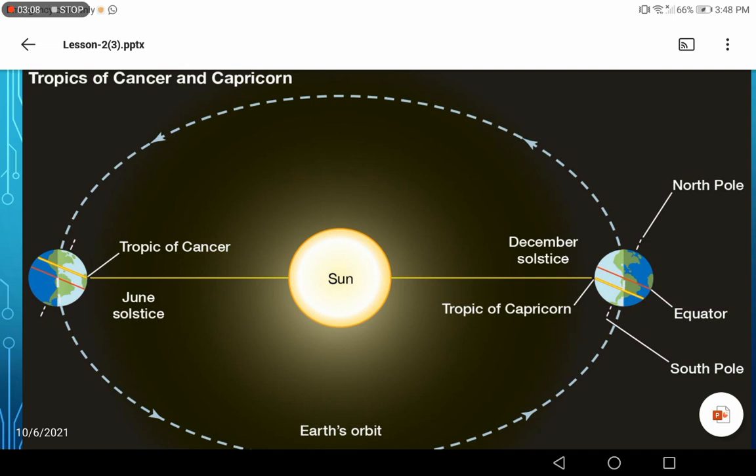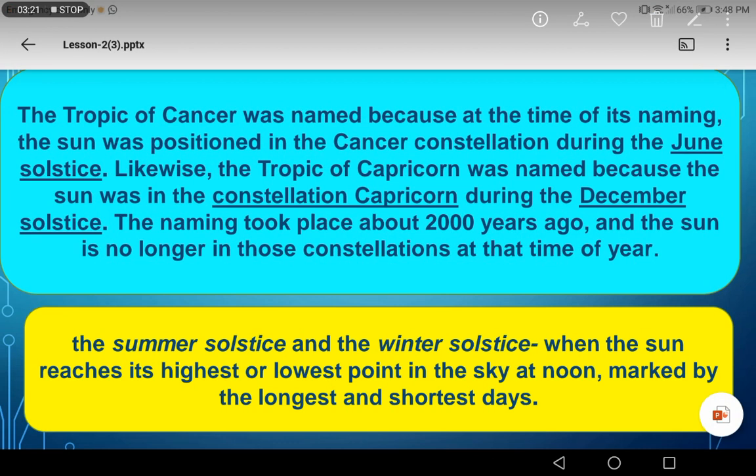Now this is the Tropic of Cancer on this side, June solstice, December solstice, Tropic of Capricorn, equator, south pole and north pole. The Tropic of Cancer was named because at the time of its naming, the sun was positioned in the Cancer constellation during the June solstice.